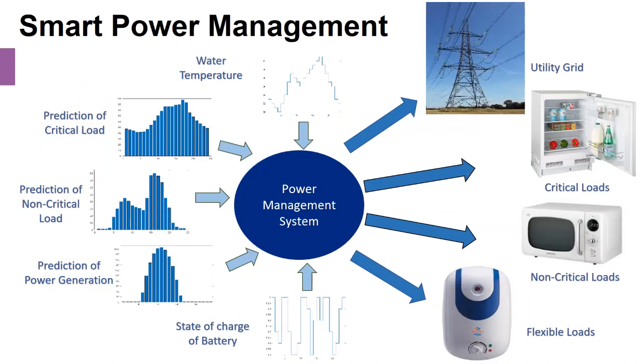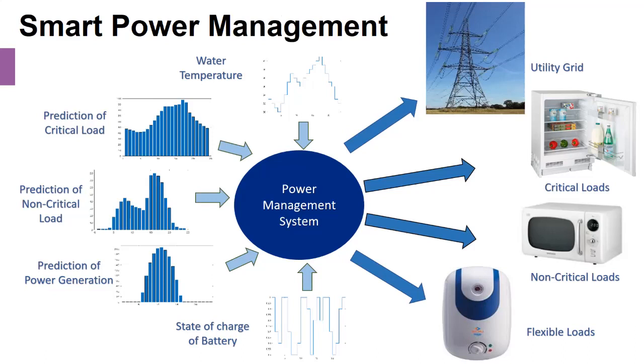As I mentioned before, our first solution to reduce the customer's cost and provide reliable energy is development of a smart power management. In this method, we use artificial intelligence techniques to predict the power generation and power consumption.